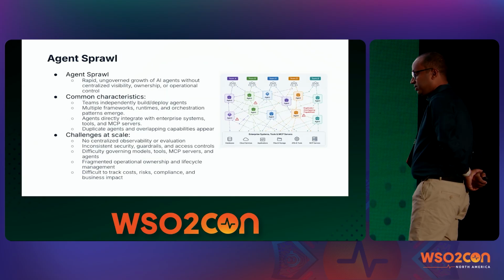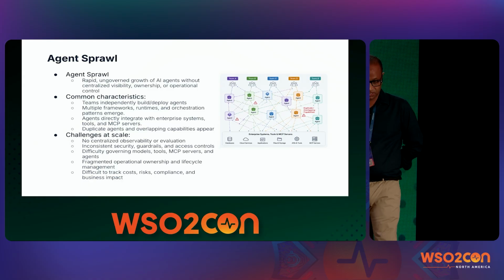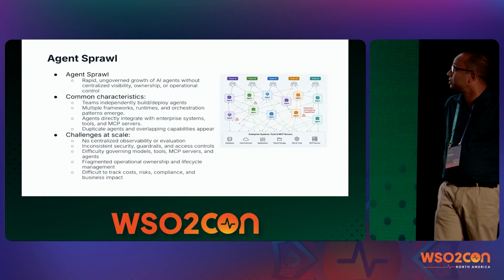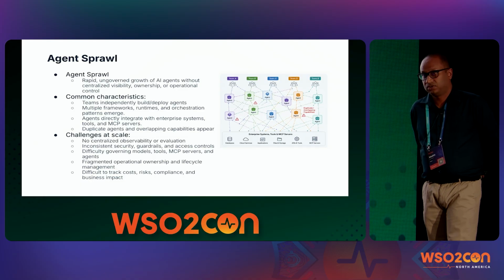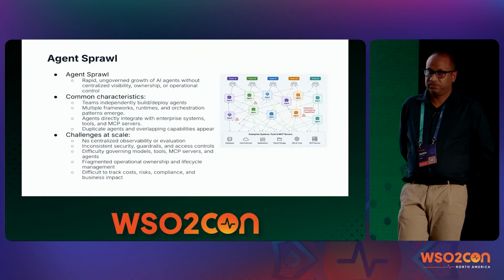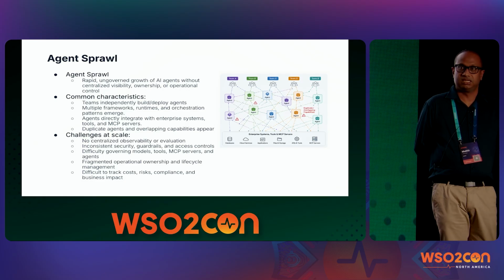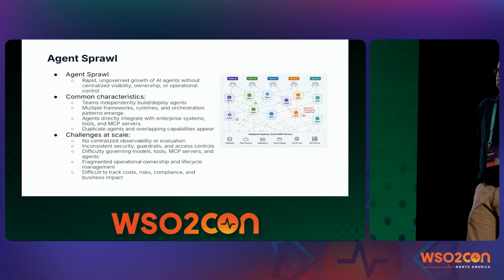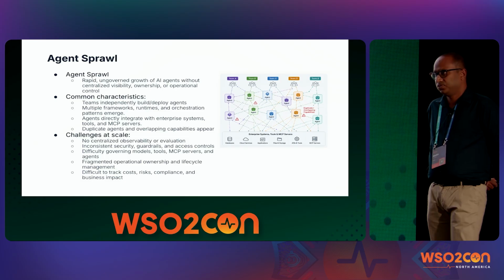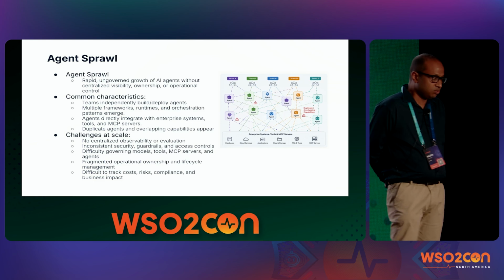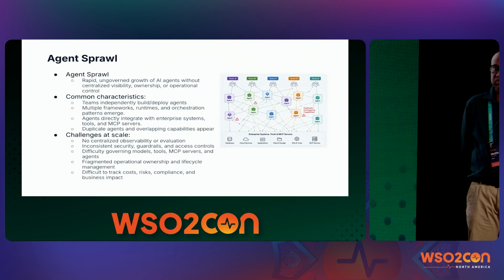The third observation, or third thing that's happening, is what you call agent sprawl. When organizations first started on agentic efforts, there was just one developer, two developers, one framework. But now organizations are trying to scale.